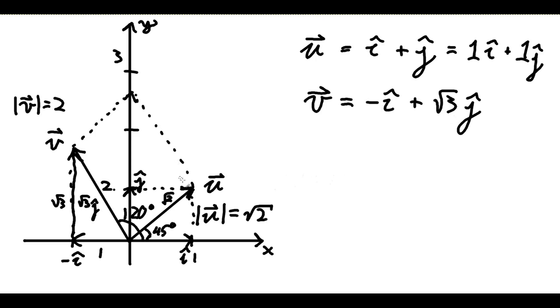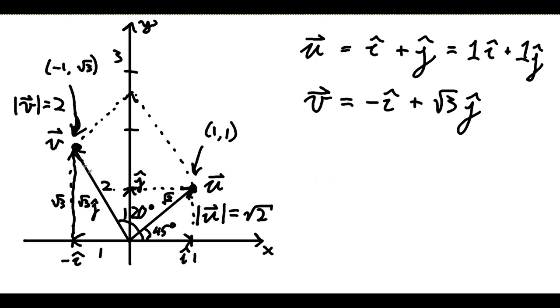Now, of course, notice that the endpoint of the vector u, when we start at the origin and end here, has coordinates 1, 1. And this point here, where the vector v ends, has coordinates negative 1, radical 3. Again, from trigonometry or just right triangle geometry, or your special triangles, however you want to describe that.